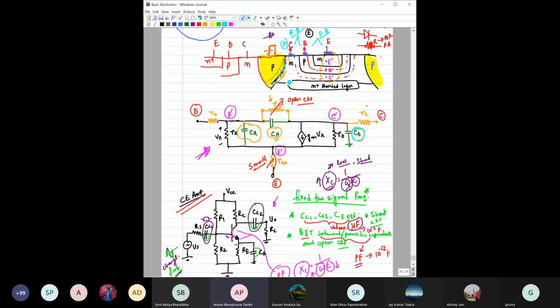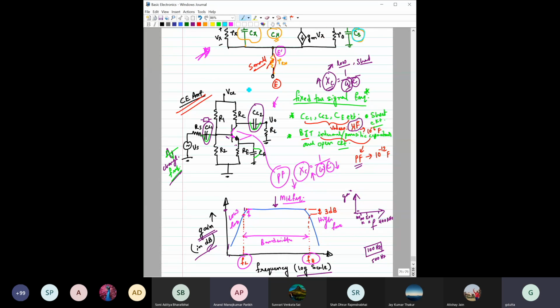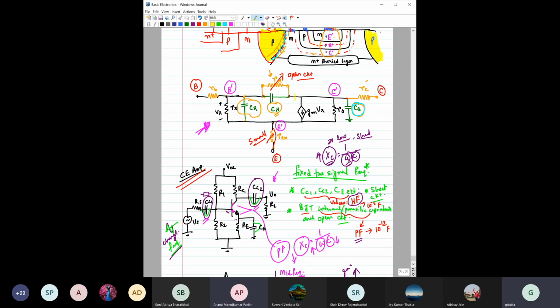For XC, any capacitor, yes, but this capacitance you were referring to, external capacitances or internal ones of the transistor? Okay, internal ones. You are right.